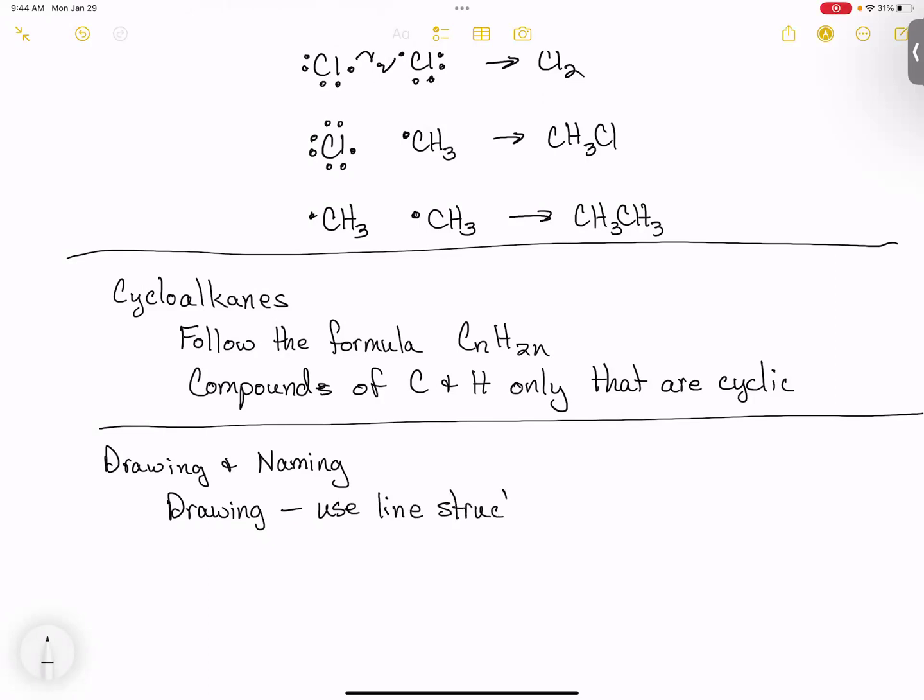Very rarely are you going to see it written as a structural formula. Most of the time, we're going to see it as line structures. And that's because it gets very chaotic if you try to draw every single atom. So a lot of times we'll use line structures to make life easier.